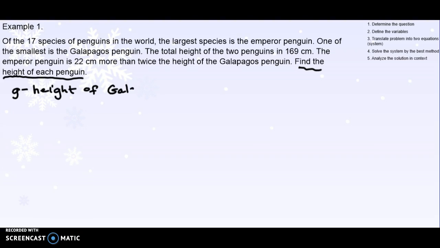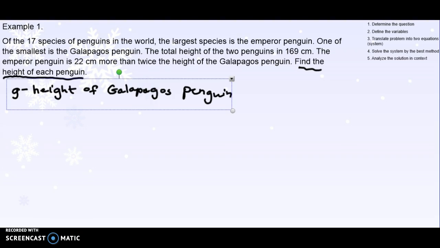You'll notice that I am being very specific with my variables, and I will explain why in a second. So my first unknown was the height of the Galapagos penguin, and then secondly we have the height of the emperor penguin. So I'm going to make that my variable E, and that's going to be the height of the emperor penguin.